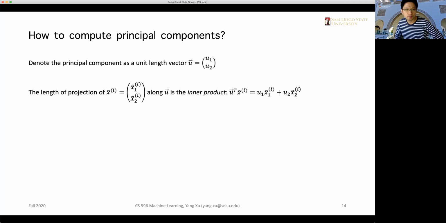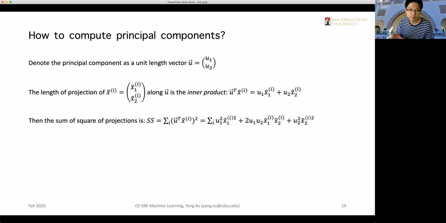Also, given the i-th data point, x1 tilde i and x2 tilde i, we can compute the length of projection for that data point along the PC1. We just need to compute the inner product, or the dot product, between two vectors, right? This will help us compute the length of the projection.